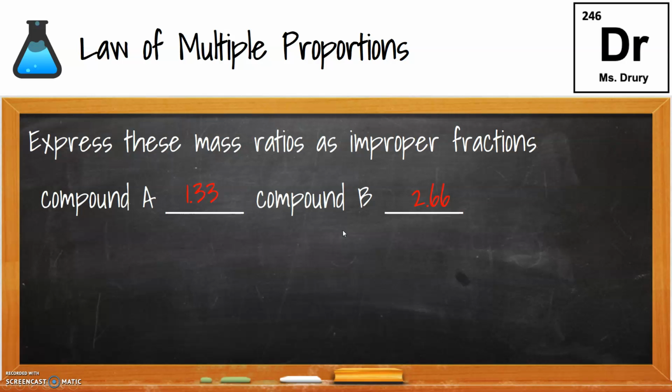Next, they ask you to explain those improper fractions. So taking 1.33, what would that be as a fraction? Most people know that this is a multiple of 0.33. It happens in the number 1, 0.33 goes into 1 3 times, and then there's another 0.33.